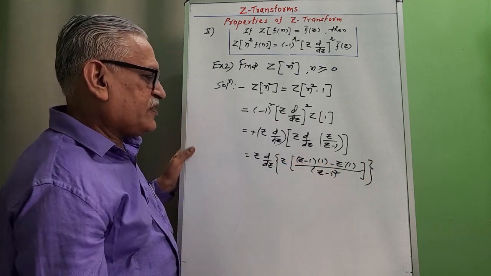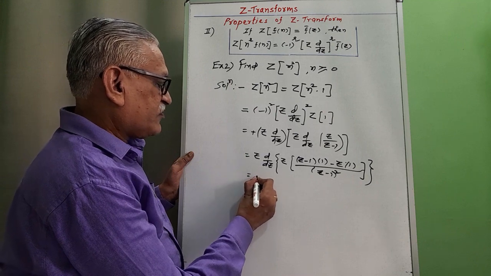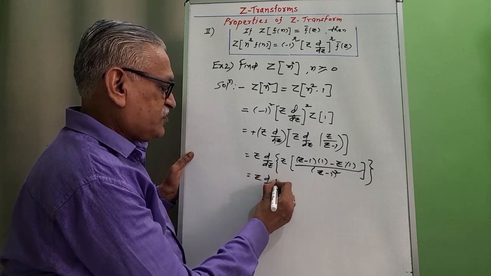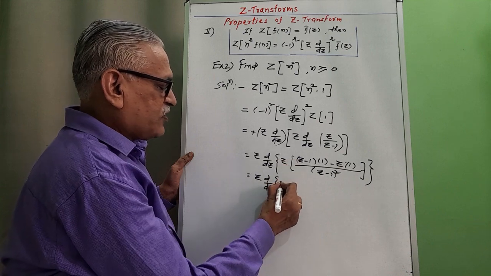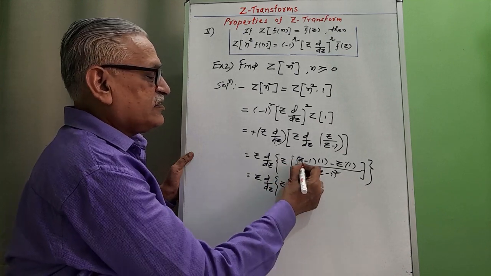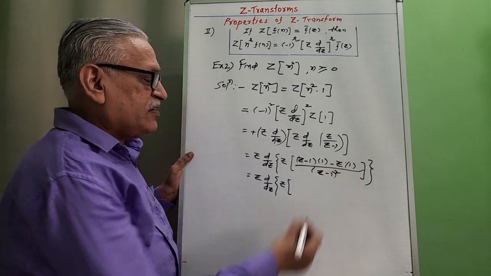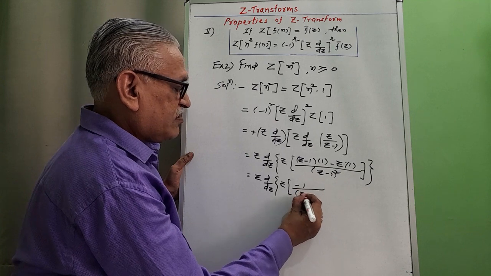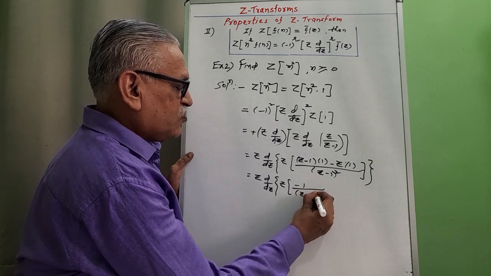Of this term, then it is equal to z d by dz as it is, no change. This outer z as it is. Rewriting it, z minus z gets cancelled. We get minus 1 upon z minus 1 whole square.